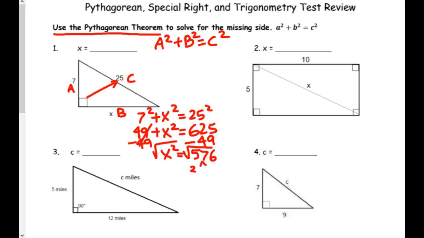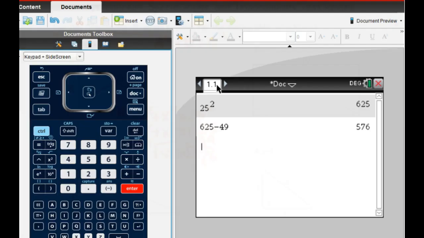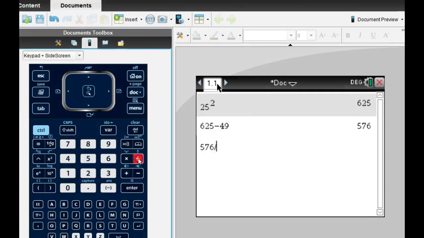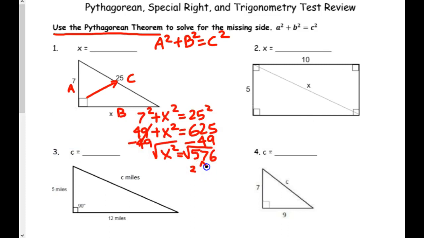So 576 divided by 2 is 288. And then break that down to 144. Now this is going to end up being a square. I can already tell.